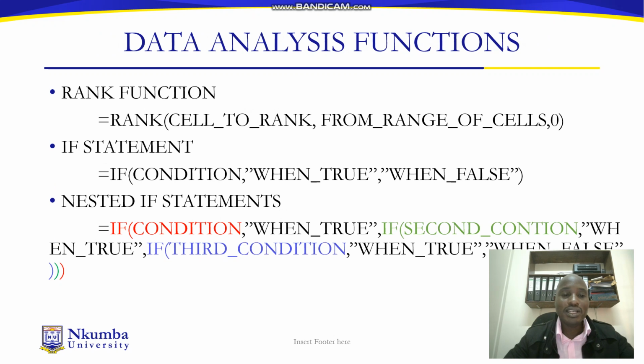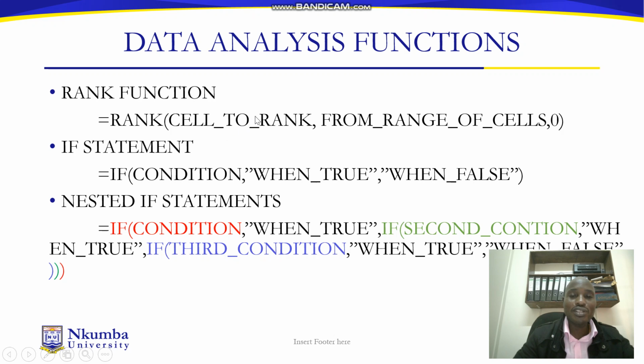Then we have some data analysis functions, like the RANK function. The RANK function is used to find the position. If you want to find the position of students in the class, who was first, who was second, who was last, there we use the RANK function. So you say rank the student, or the marks of the student you want to rank.